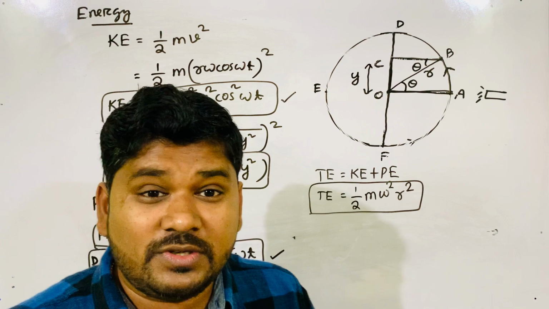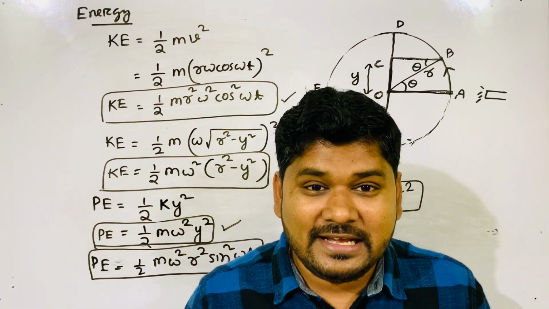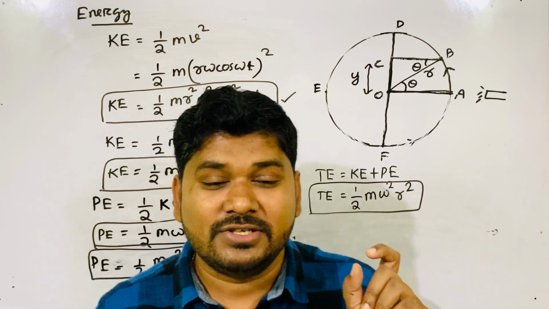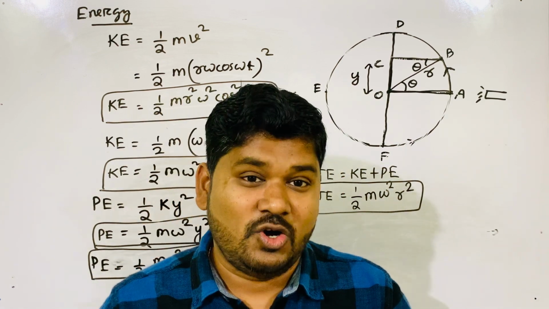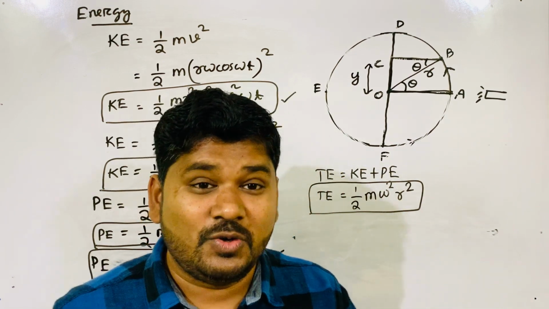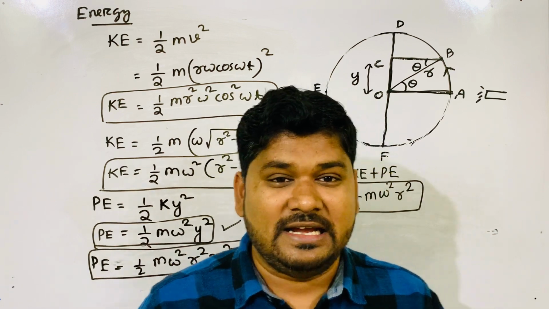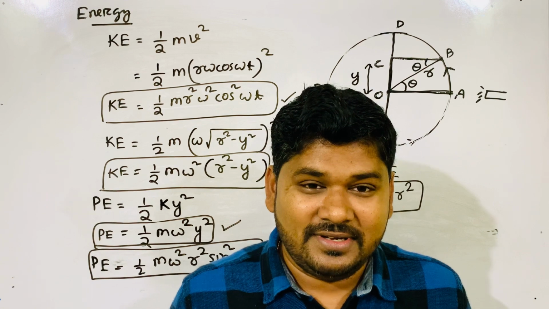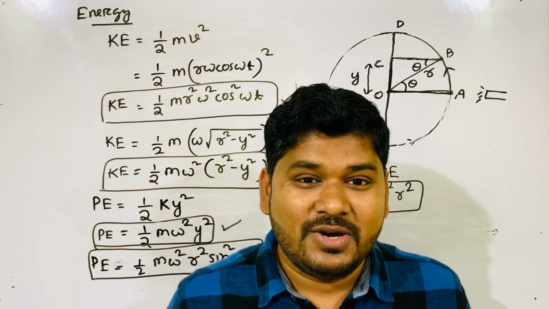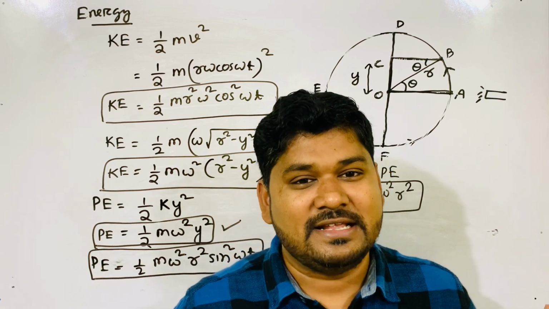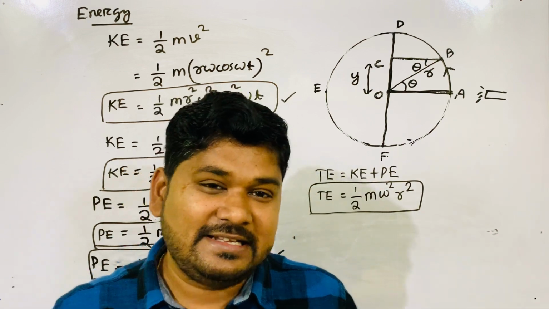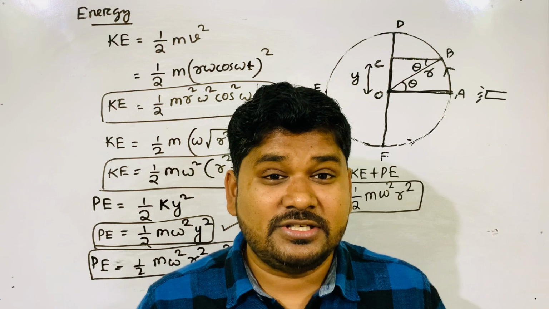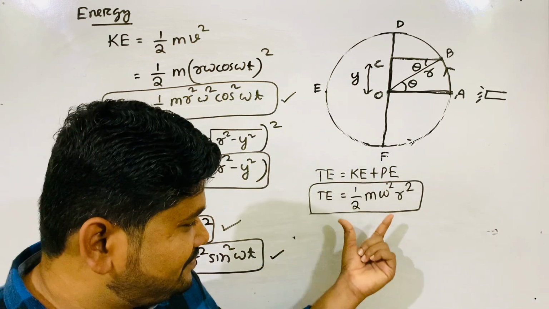No. That means total energy does not vary with omega t or displacement, and total energy is always constant. Energy conservation is now proved. So that means when kinetic decreases, potential increases. When potential decreases, kinetic increases. But total energy never changes. Energy conservation is valid.